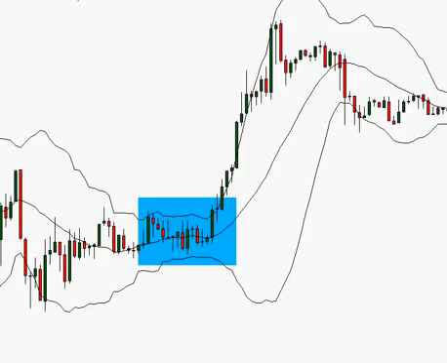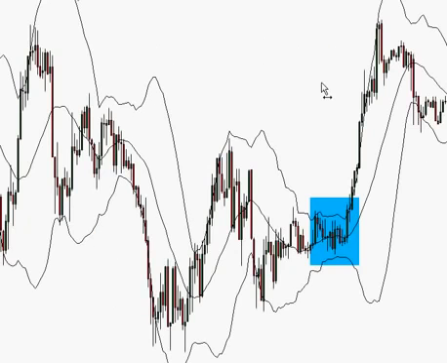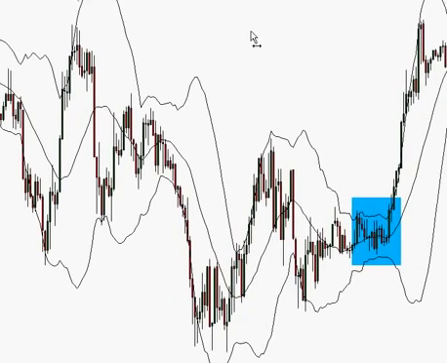But the way I like to look at Bollinger Bands is to understand where prices come from in relation to the break.